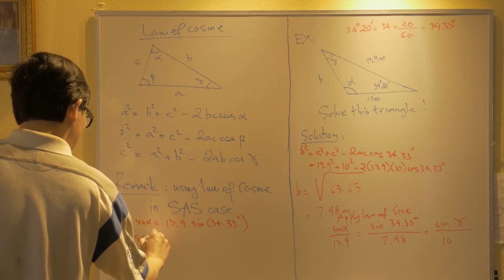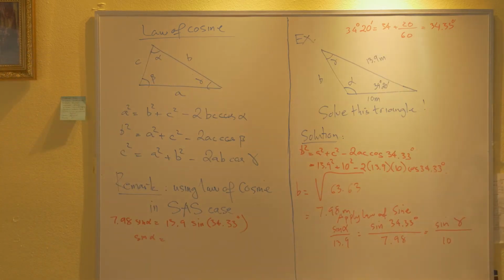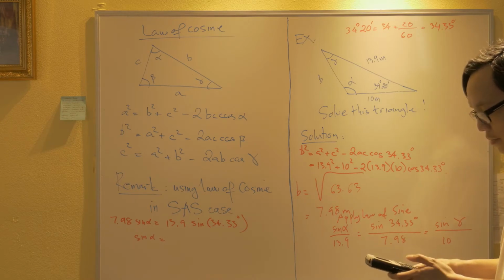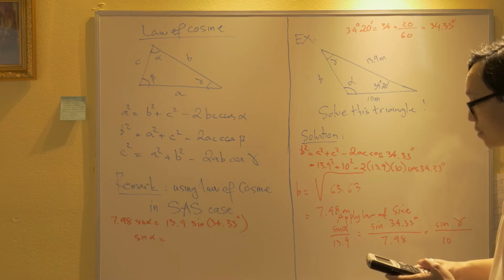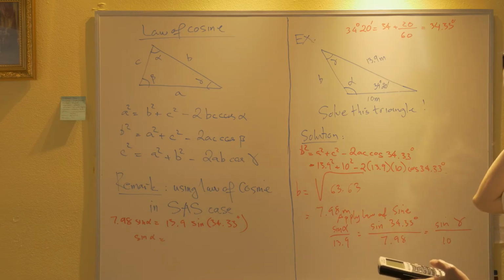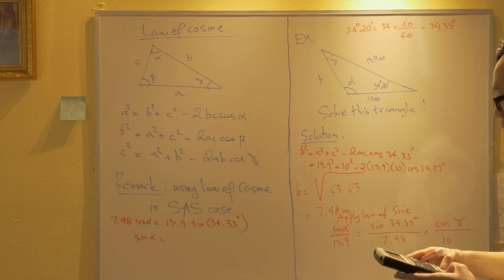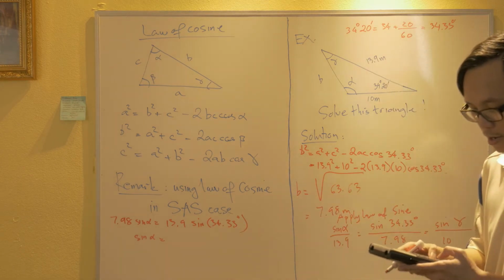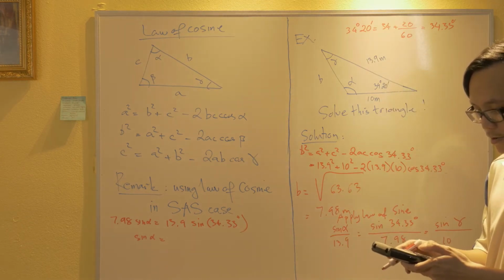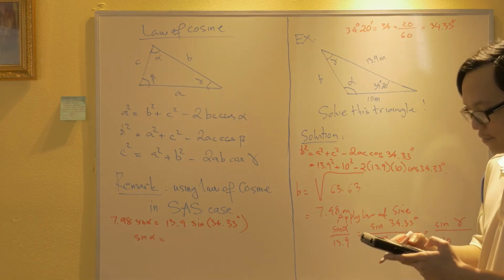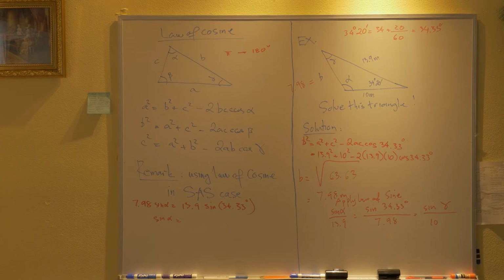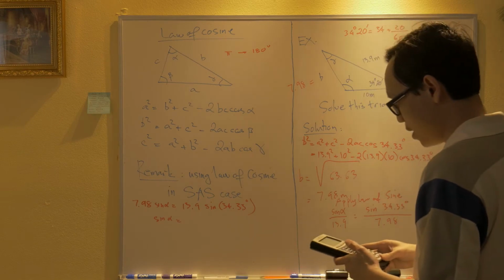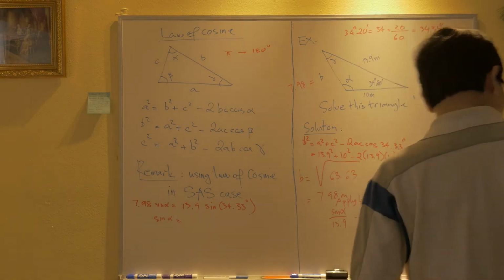Then I can get sine of alpha equal to 13.9 times sine of 34.33 degrees, then divide by 7.98.